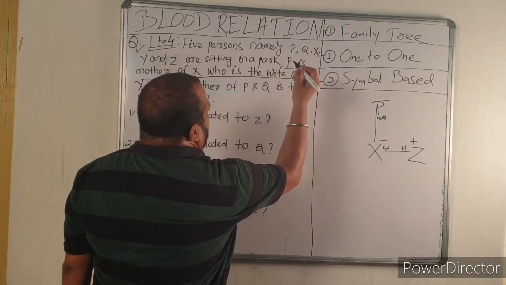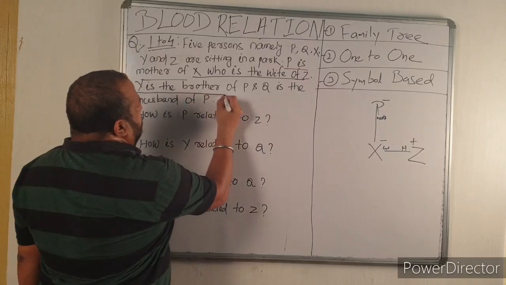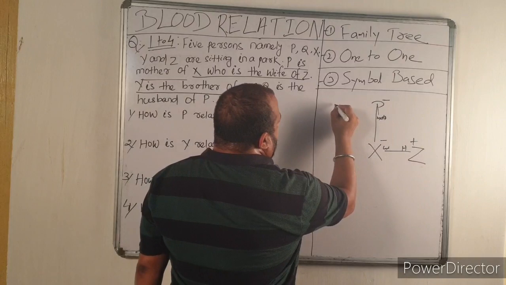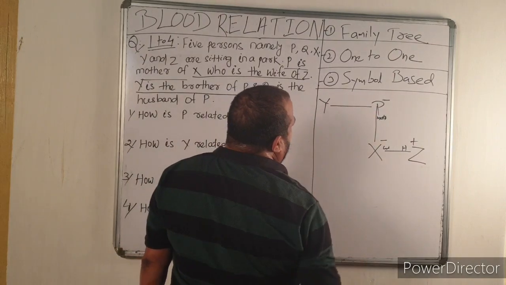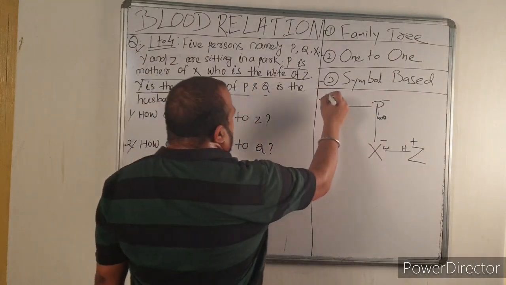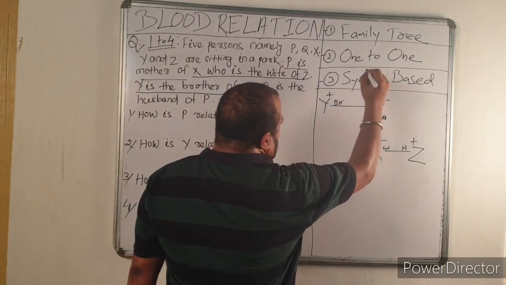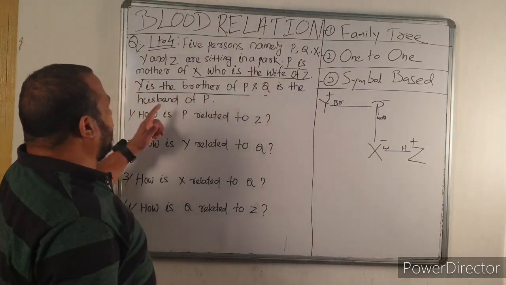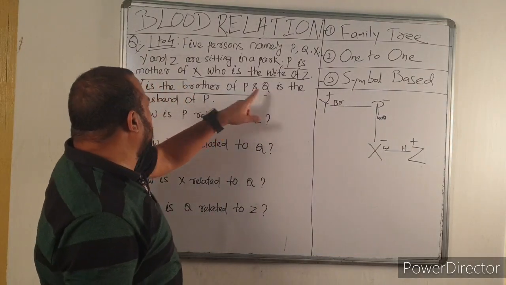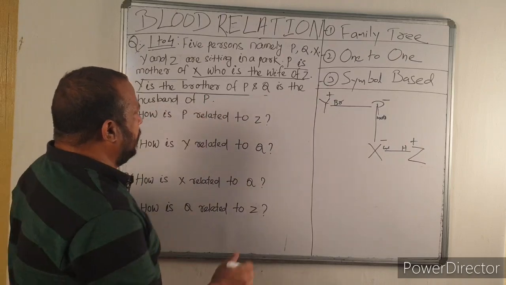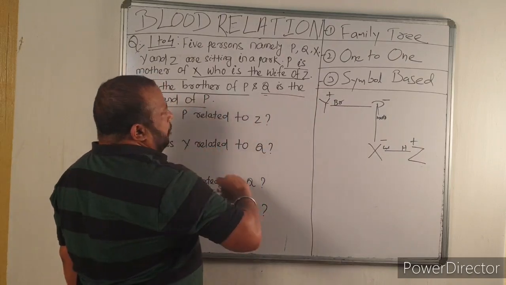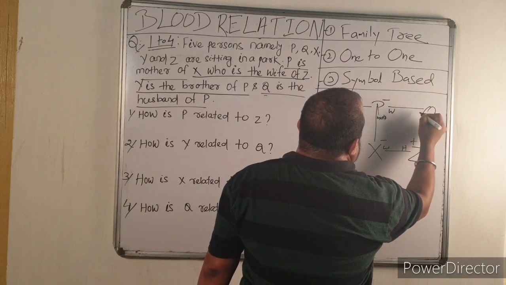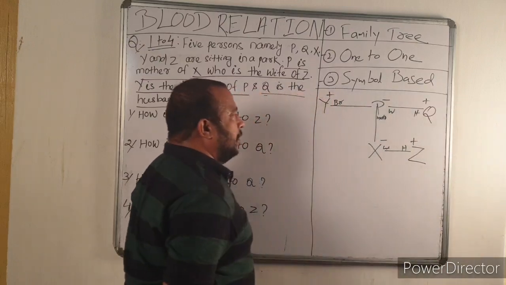Y is the brother of P. Here Y. Brother means plus symbol. Then next, Q is the husband of P. So here P and Q are wife and husband, Q with a plus symbol.